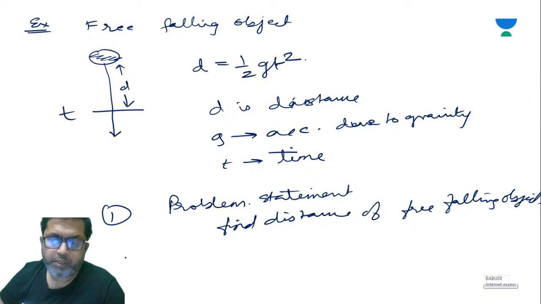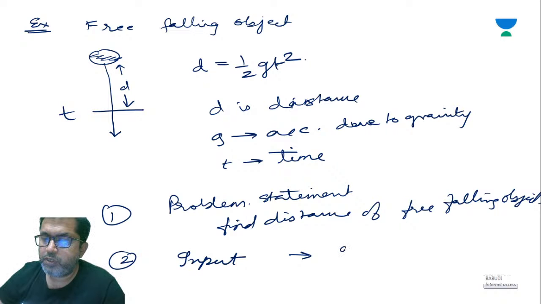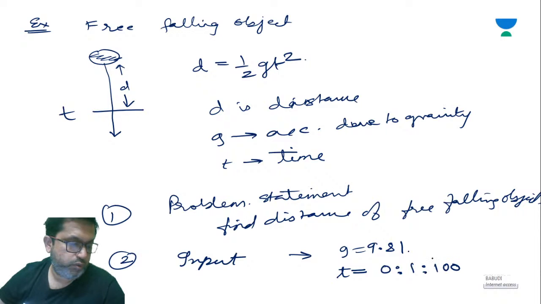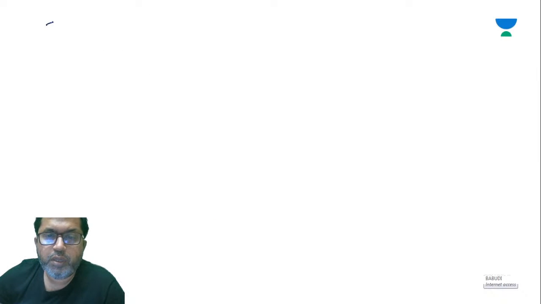Second is input and output. Input: suppose for time t we are getting a matrix of 100 values, 1 to 100. Okay, so this is the second step.